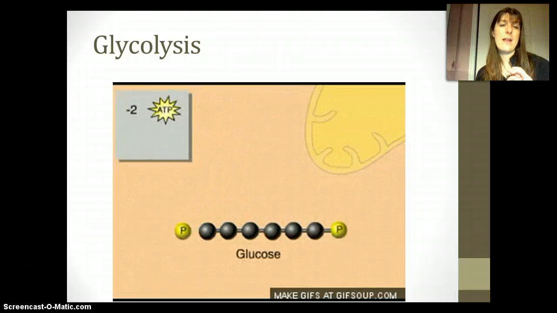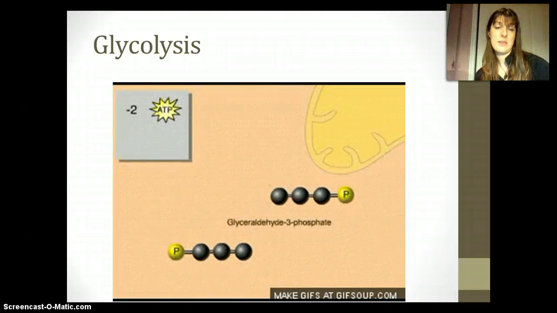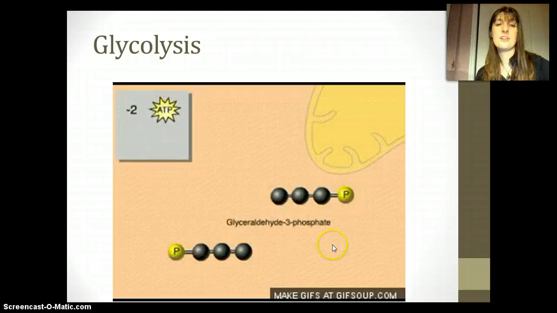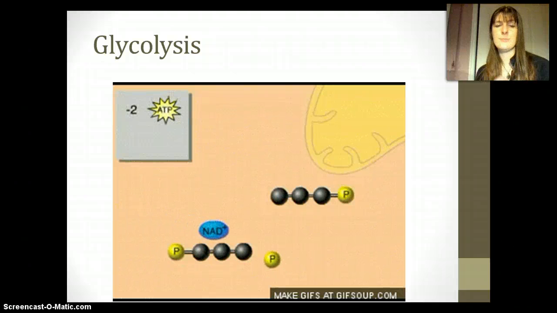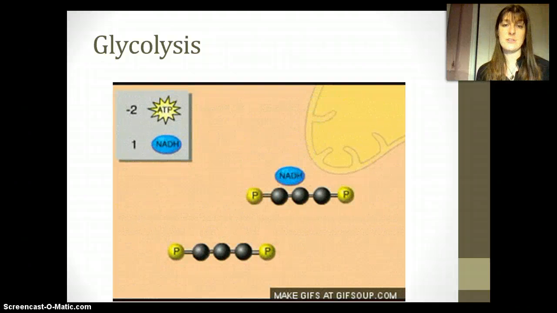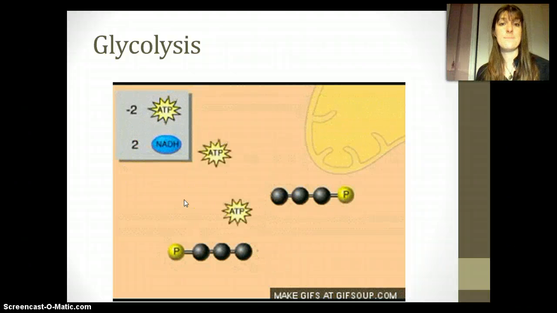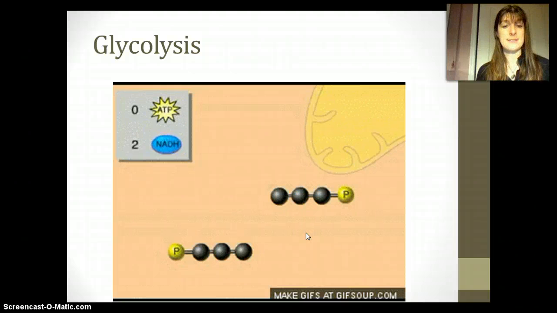First, it requires an input of energy. That input of energy allows the first break to occur. Then there's going to be some enzymes that come and stabilize these reactions multiple times and grab some electrons from it. So here we see our charged electron carriers, two of them. Then we're going to make a little bit of ATP in that process.